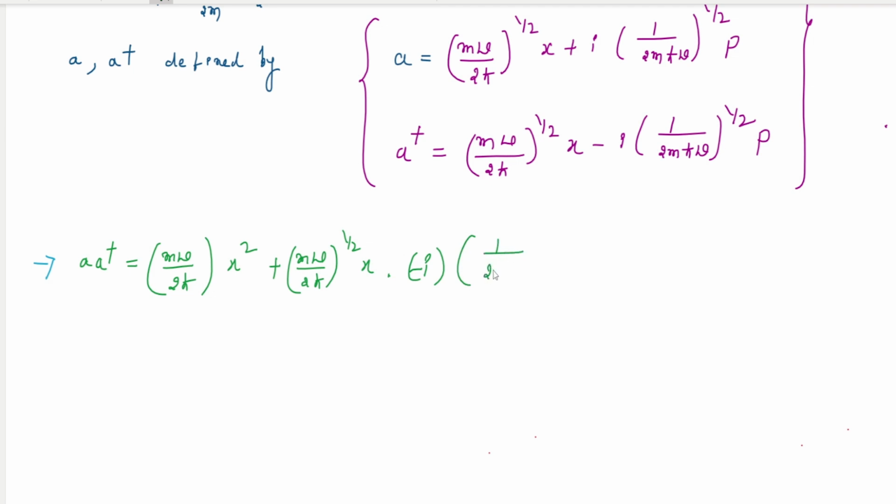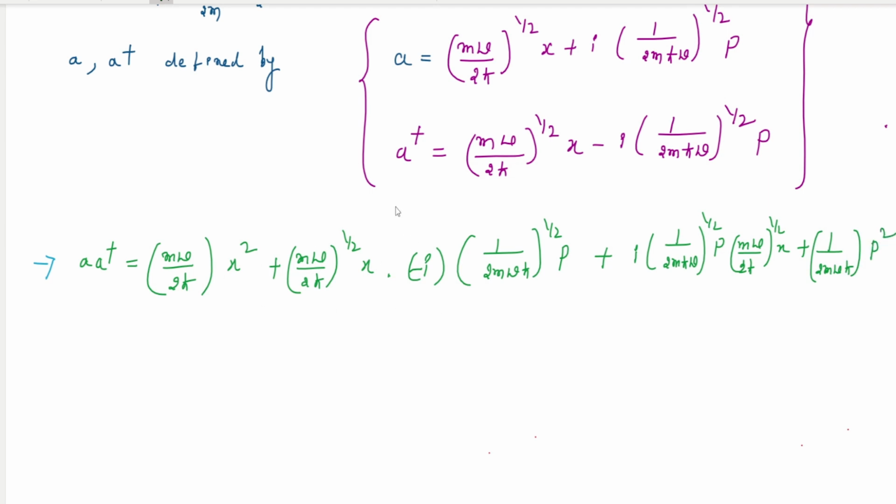Then minus i (1 divided by 2 m omega h cross) whole power 1 divided by 2 into p, plus this term into this term, i into (1 divided by 2m h cross omega) whole power 1 divided by 2 p into (m omega divided by 2h cross) whole power 1 divided by 2 x, plus i into i square, minus 1, plus 1 divided by 2m omega h cross p square.